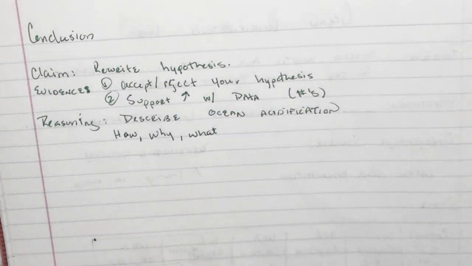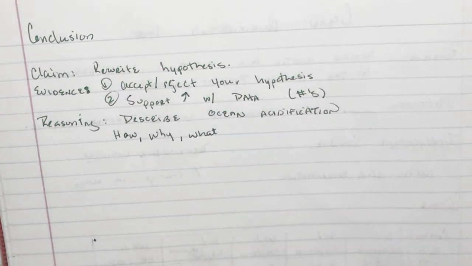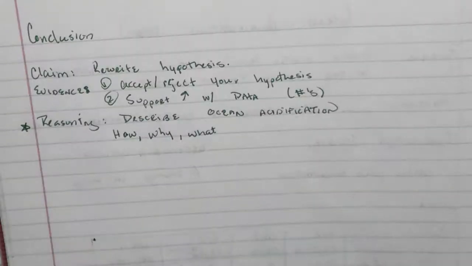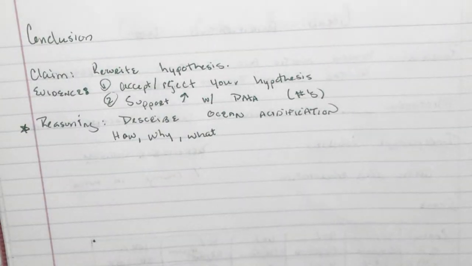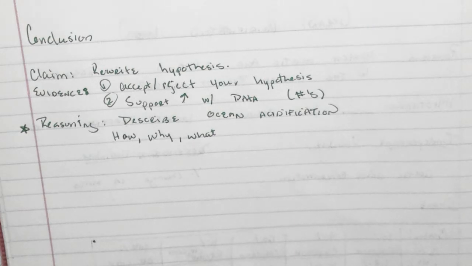Okay, give me the whole thing. Now we talked about that. This is the biggie. Your reasoning needs to be at least like 4 or 5 sentences long. It doesn't need to be something short. So you really need to write a nice summary about how ocean acidification occurs and what the effects of ocean acidification are.